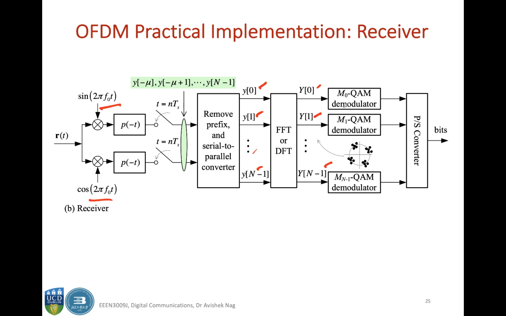And then you have the exact similar demodulators, M0 QM, M1 QM, and so on. And after the demodulation, you have the parallel to serial converter to get back the original bits of the OFDM symbol.